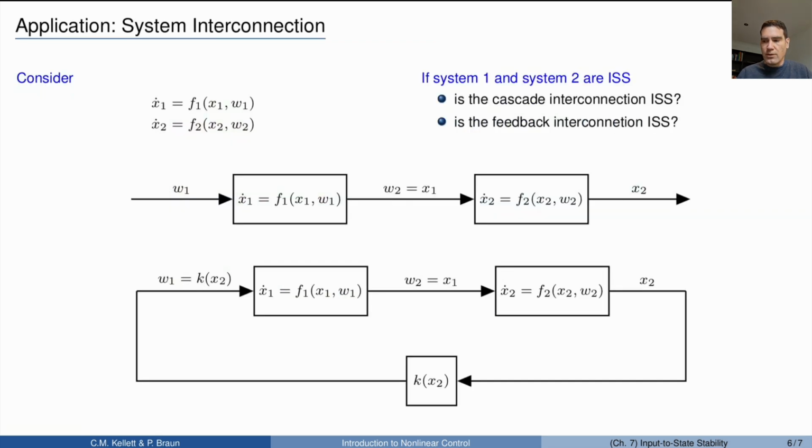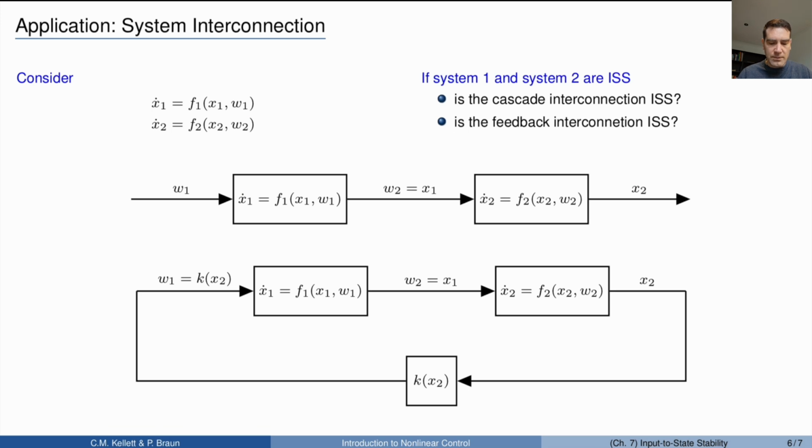Okay, so this concept allows us to characterize robust stability properties of nonlinear dynamical systems, and the way to show that a system is ISS usually is through so-called ISS Lyapunov functions. What's the context where this might be helpful?